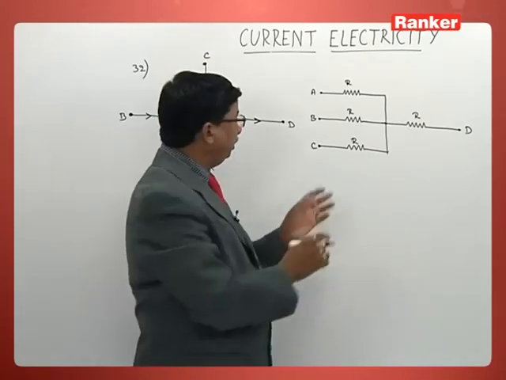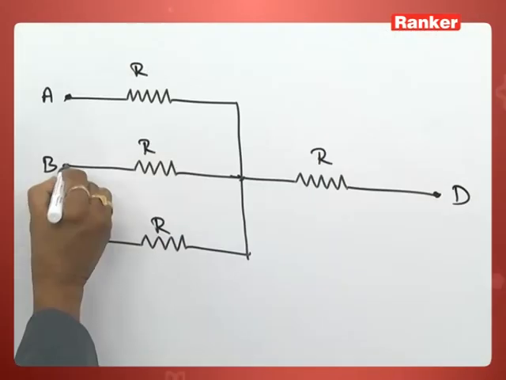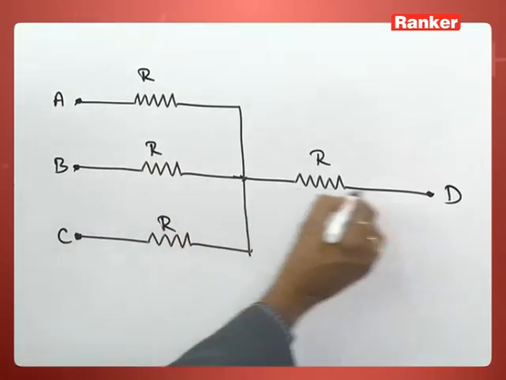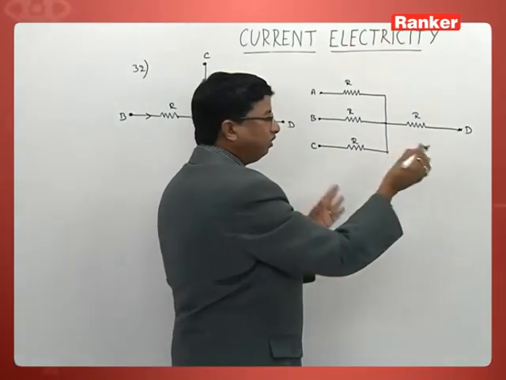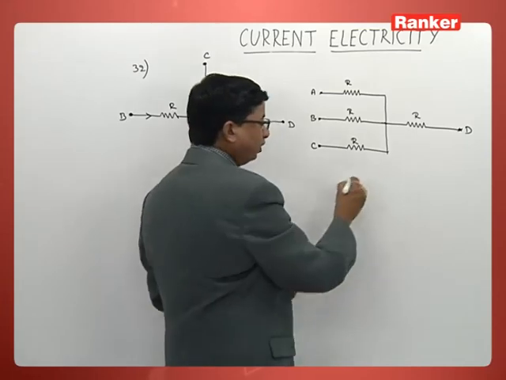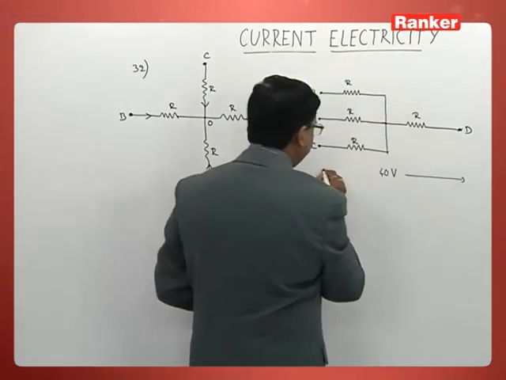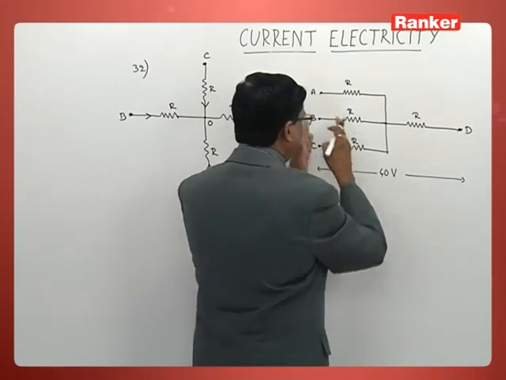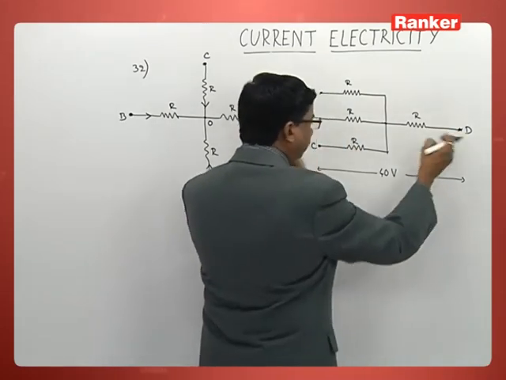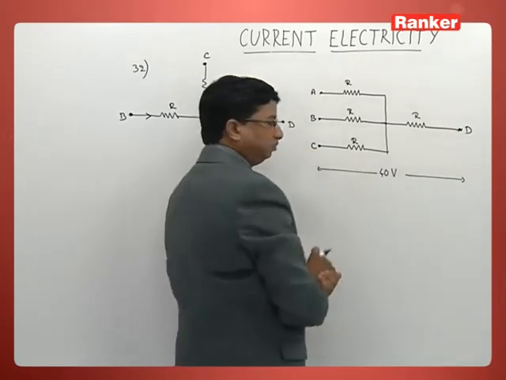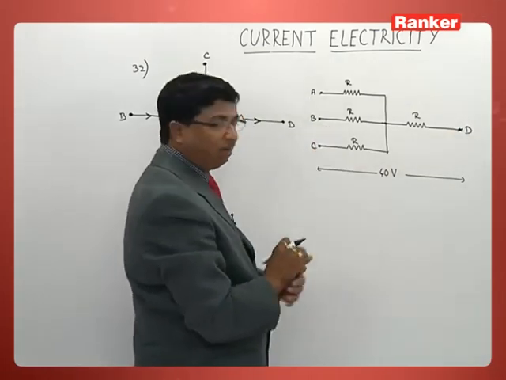Potential difference between any one point out of the 3 and the point D is given as 40 volt. So I can understand here 40 volt is the potential difference across A and D, or B and D, or C and D. That is what has been given.